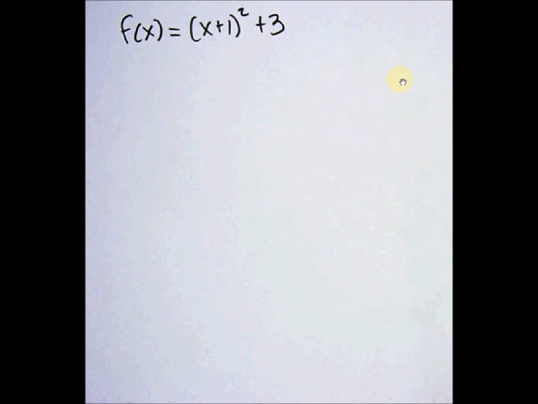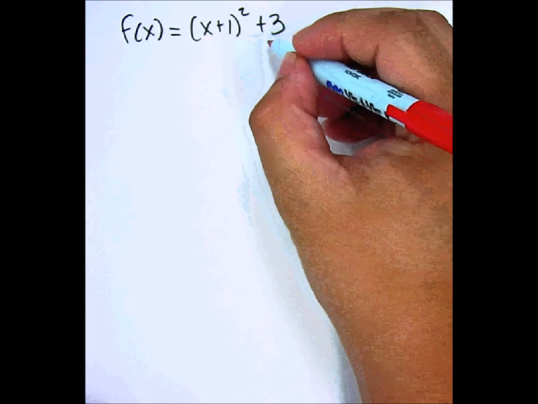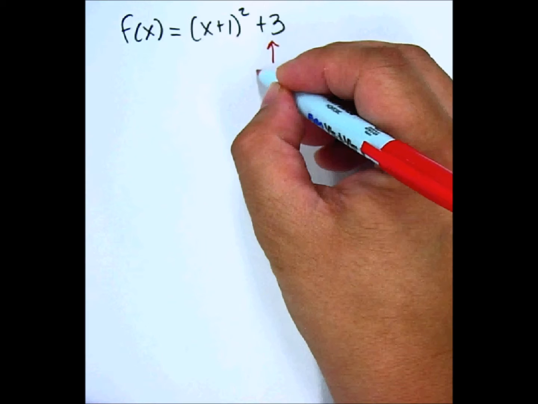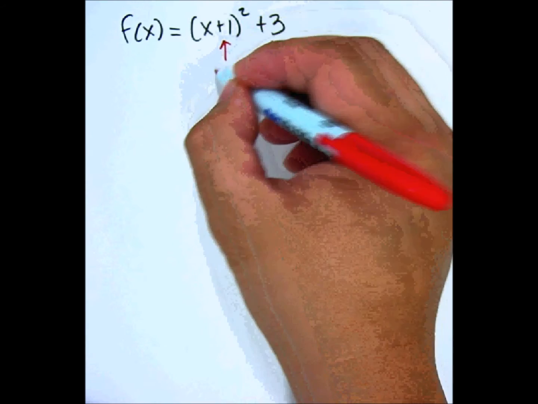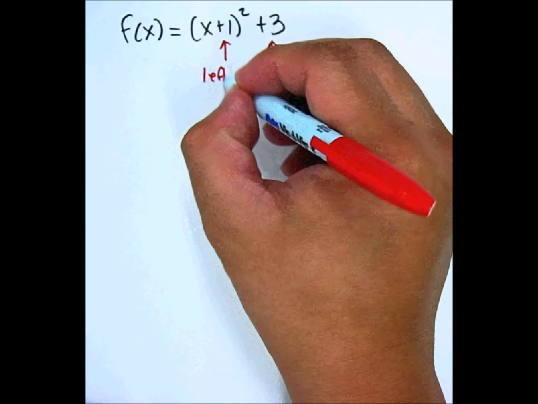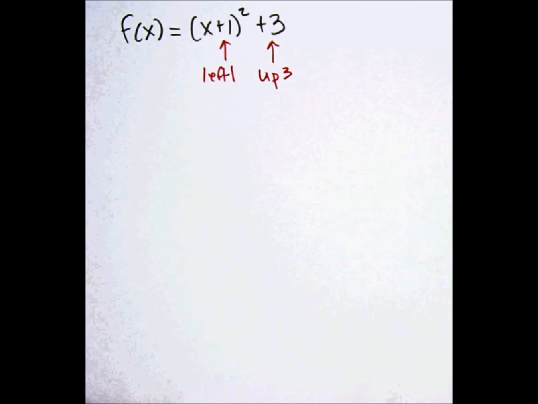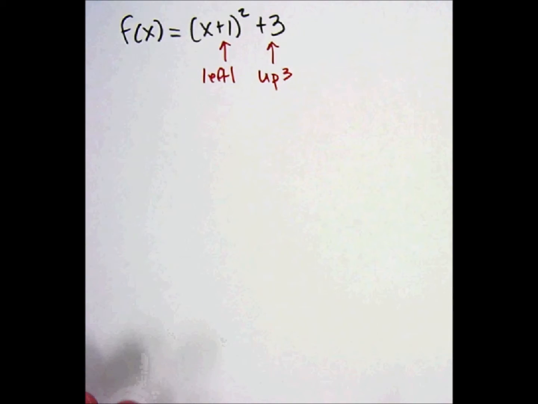Let's answer the burning question first. As you recall, f of x is x plus 1 squared plus 3. The plus 3 is a shift up by 3, and the plus 1 results in a shift left by 1. Let's regroup these transformations so that what's happening to the x's stays with the x's, and what's happening to the y's stays with the y's.